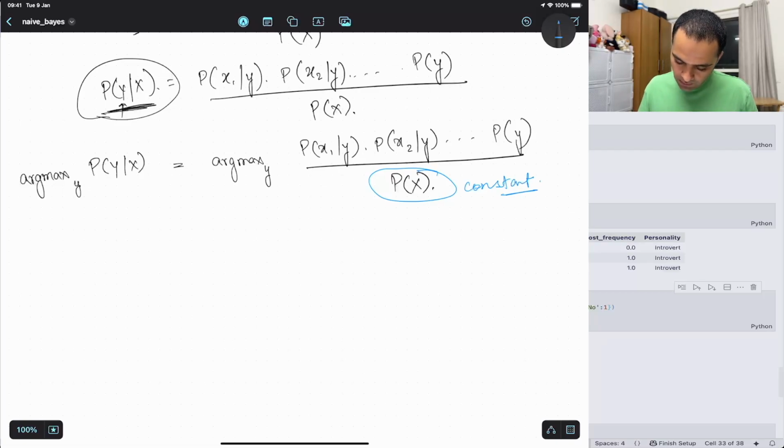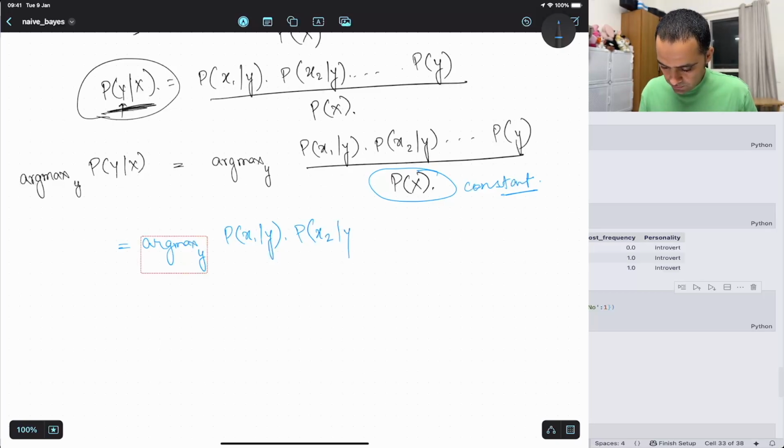So we can also write this as P of X1 given Y, P of X2 given Y, and so on, P of Y.